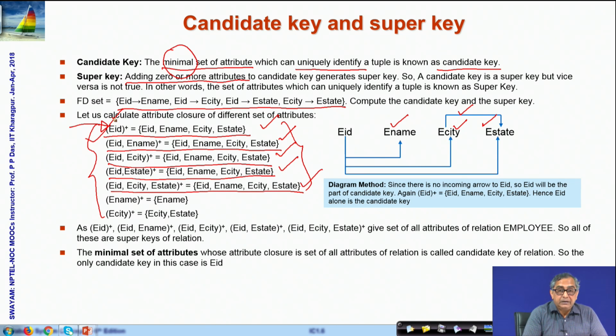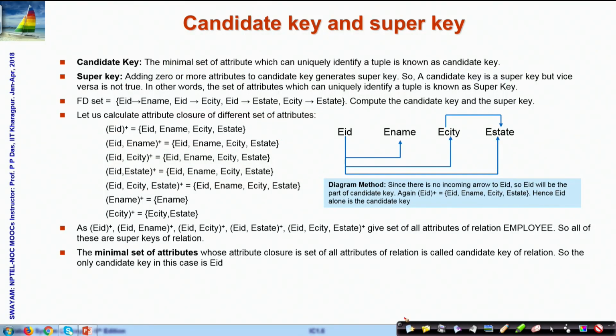Now, if a relation has more than one candidate key, then in any specific design we will specify any one of these candidate keys to be the primary key, according to which the tuples of the relation will be organized, according to which the B plus tree primary indexing will be done, and others will remain to be candidate keys.